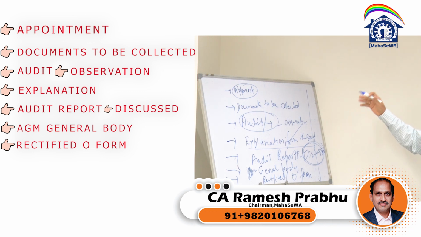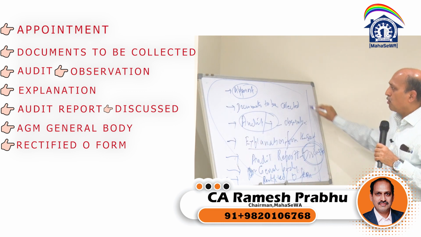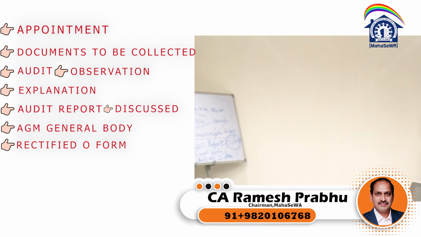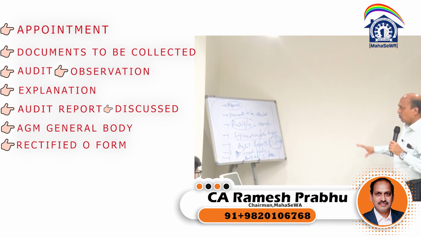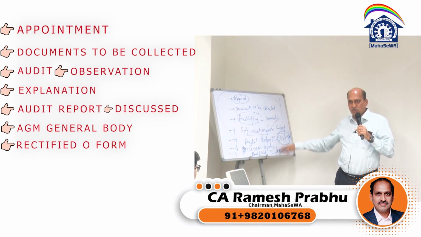Now, if this is the cycle of the audit, we need to understand where all this comes from. Naturally, all these come from what is known as the M.C.S. Act, because ultimately we are restricting ourselves to the Maharashtra Cooperative Societies Act and the audit of a housing society.